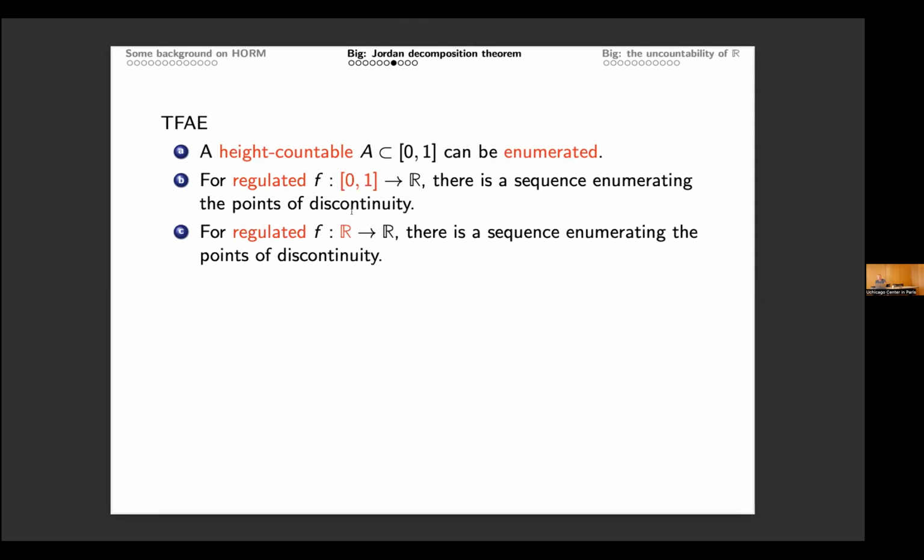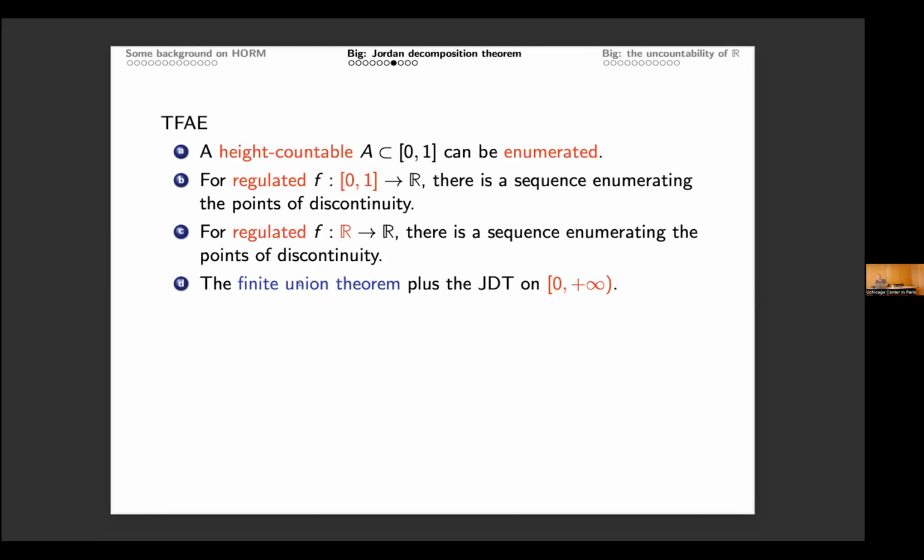There's only countably many, they're height countable, and it doesn't matter if you use the unit interval or the real numbers. And then you can have the Jordan decomposition theorem on the half line. So you have a function that's of bounded variation on any interval, and it can be written as the difference of two increasing functions on the entire half line.